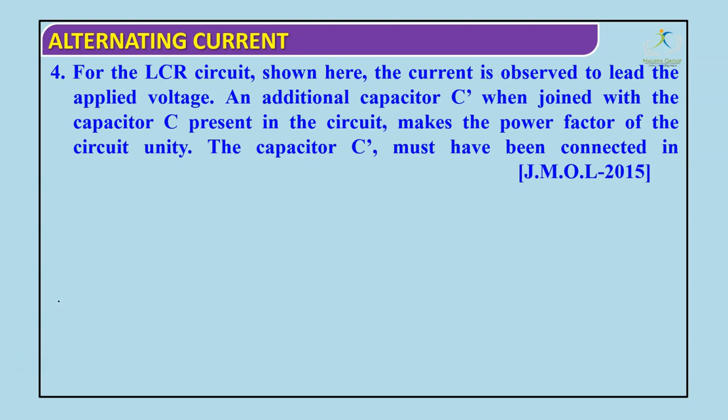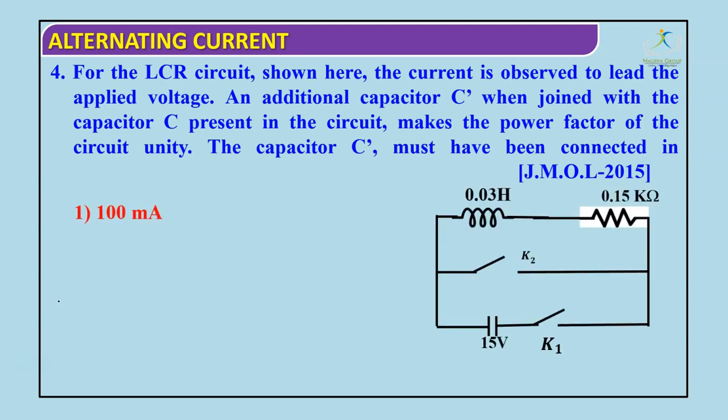The capacitor C prime must have been connected in this. Options: 100 milliampere, 67 milliampere, 6.7 milliampere or 0.67 milliampere. So the correct answer for this question is 0.67 milliampere.